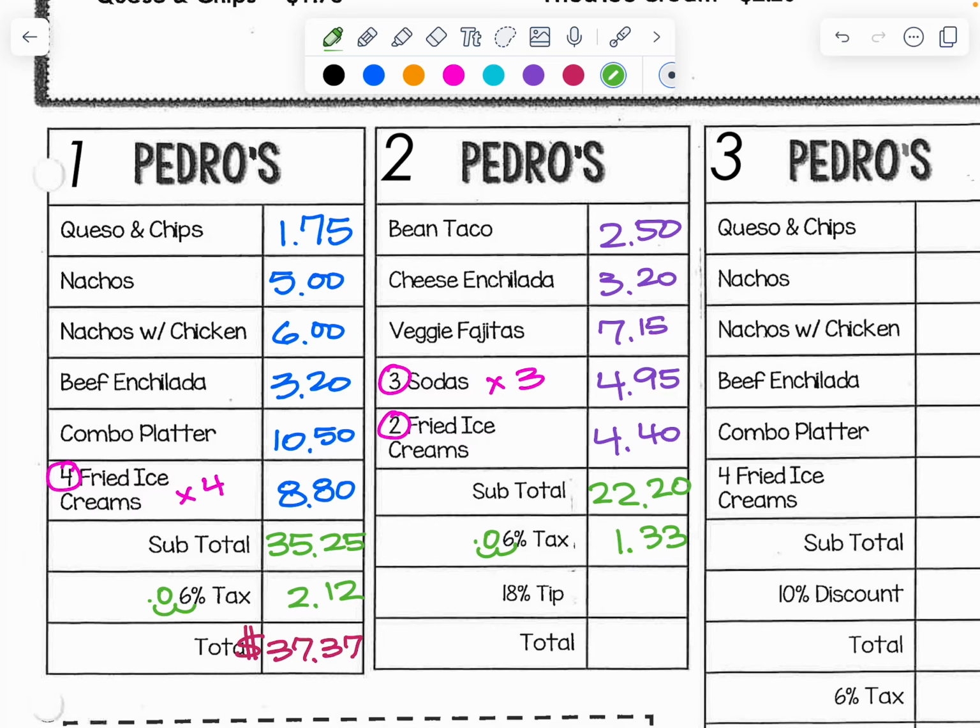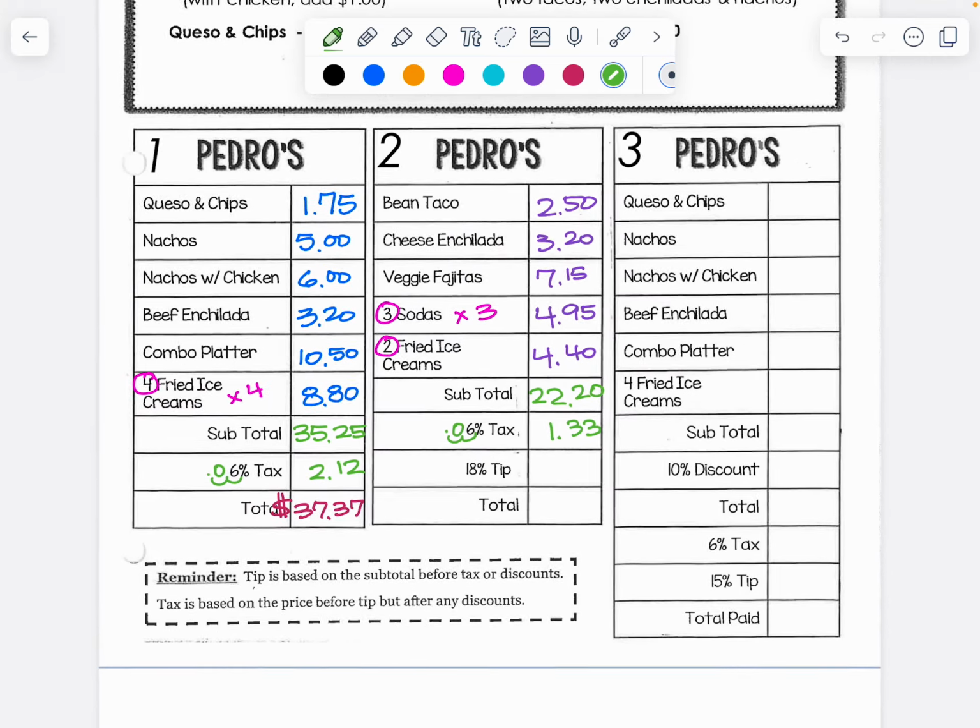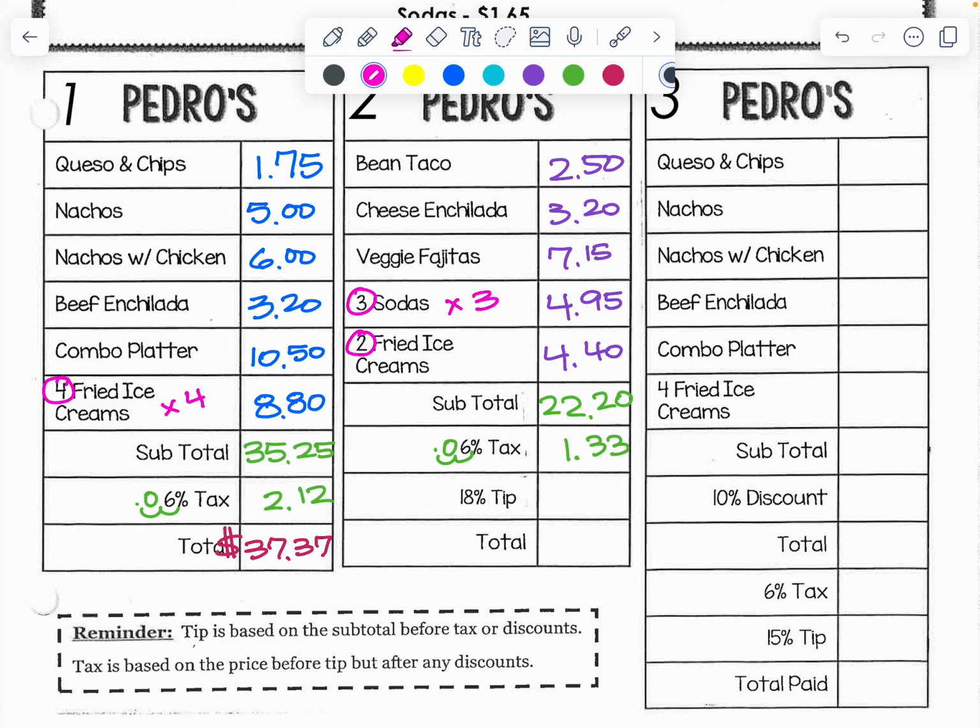All right. Now, tip. Tip is new. Let's look down below. It says, I'm going to highlight this, tip is based on the subtotal, before you add on tax from the government or maybe any discounts you might have a coupon. So we do tip based on this subtotal right here.